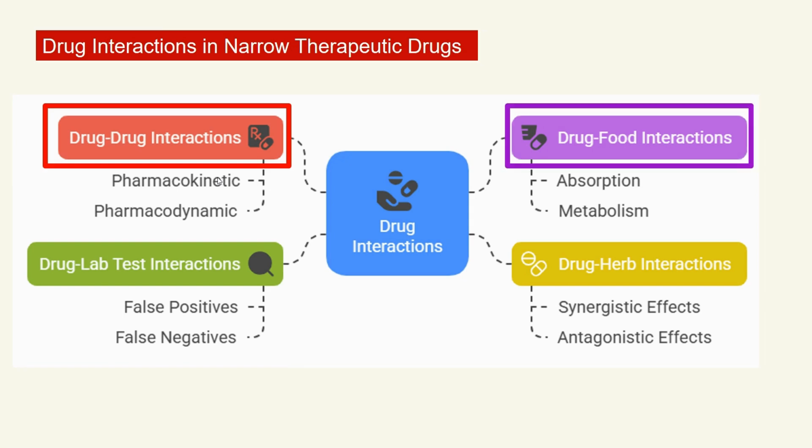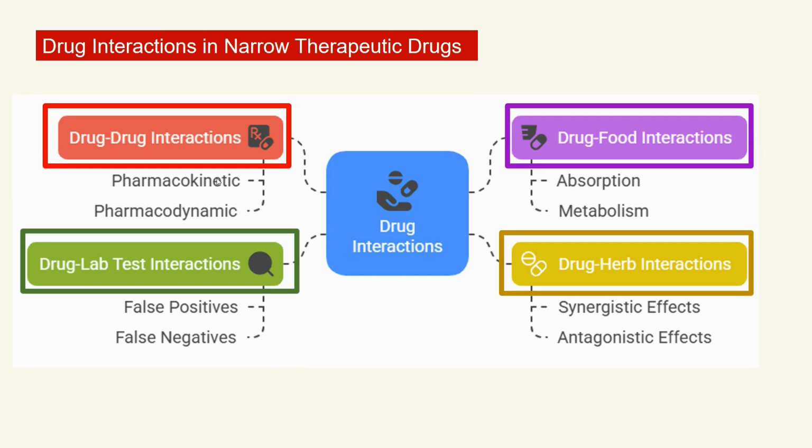Additionally, drug and food interactions can also increase drug concentrations, causing toxicities. Other interactions, such as drug and herb interactions, with substances such as grapefruit juice or St. John's wort, can induce drug activity and decrease concentration as well. So let's see the details of each of these drug interactions.